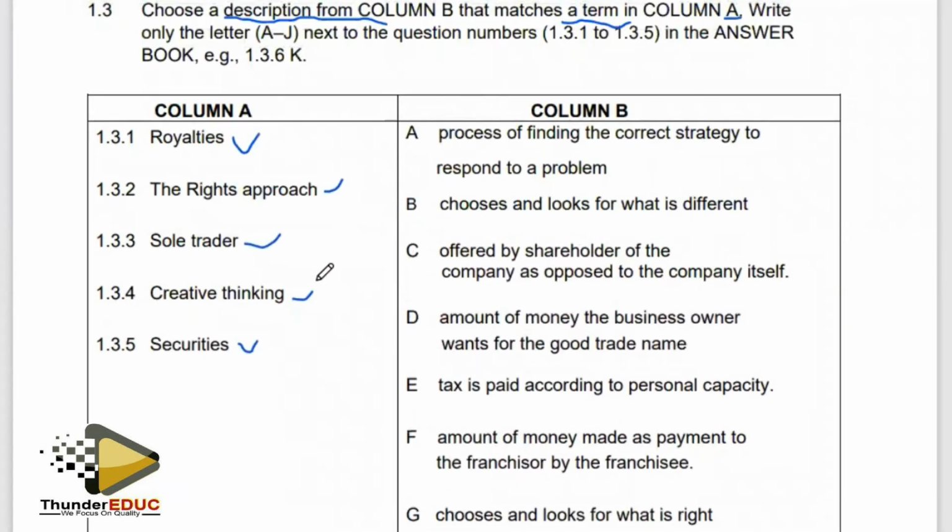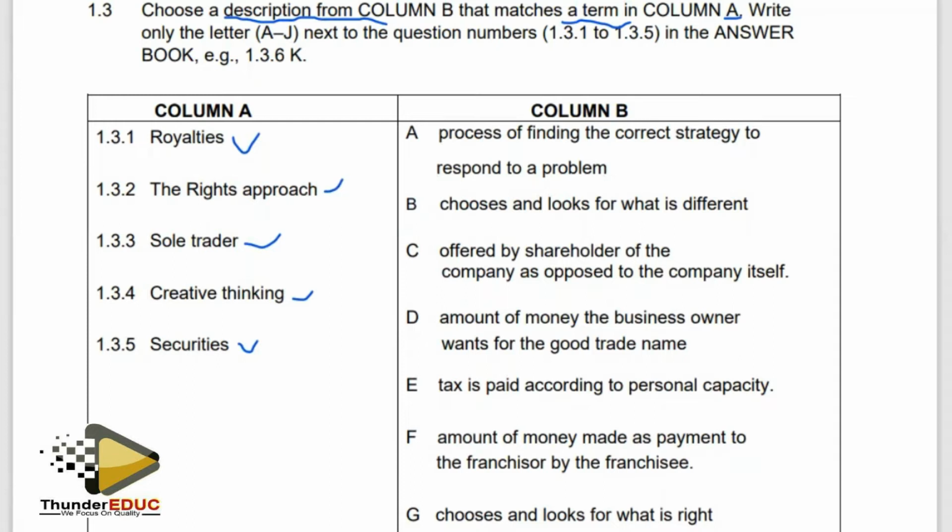Okay, we have something in that relationship, which is creative thinking. Okay, let's start again. After going through those aspects, we can still go back and find out what our most appropriate answer is. Don't ever make a mistake by choosing the answer before going through all the alternatives given.